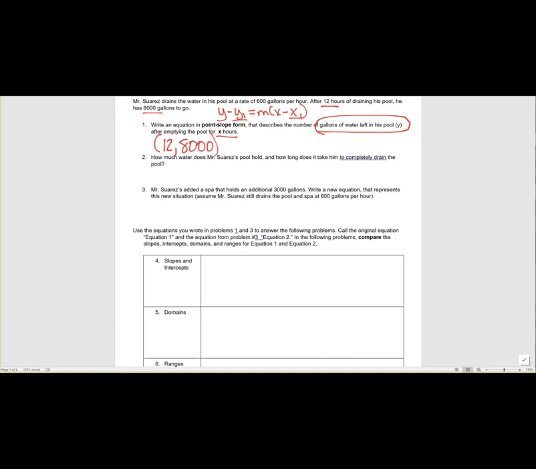8,000. Now then, they tell us that he's draining his pool, so that's losing 600, or it's draining at a rate of 600 gallons per hour. So that means the slope, the rate of change, is always a per or each amount. Okay, so that per word right there really is indicating that this 600 number is representing the slope.